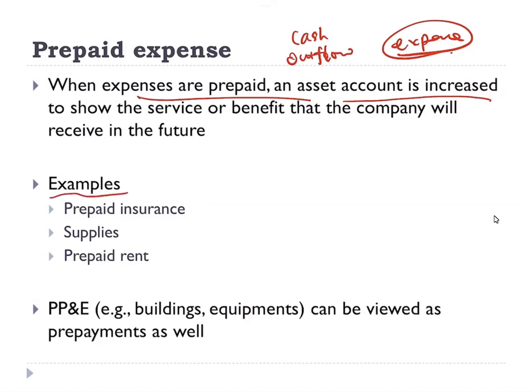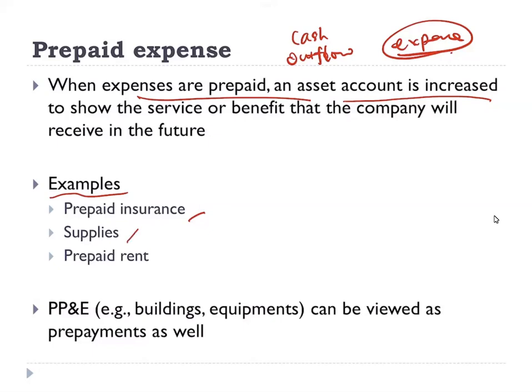Examples of prepaid expense include prepaid insurance. Firms pay out some insurance in cash first, maybe 1 year's insurance, and then the firm has the right to receive that insurance service in the next year.